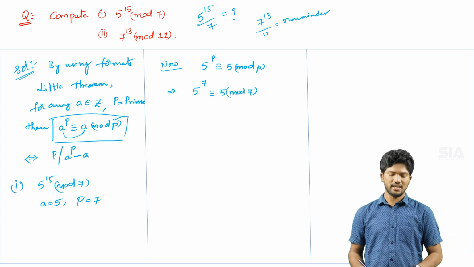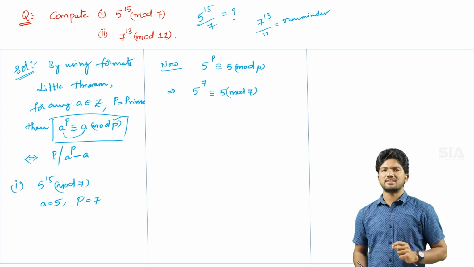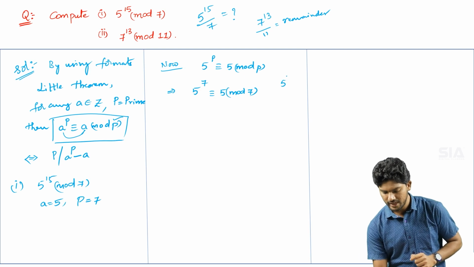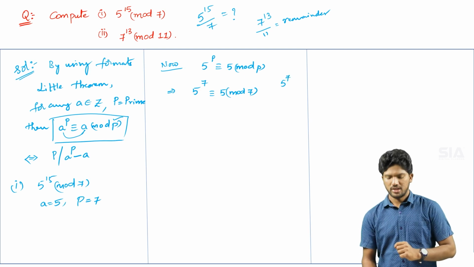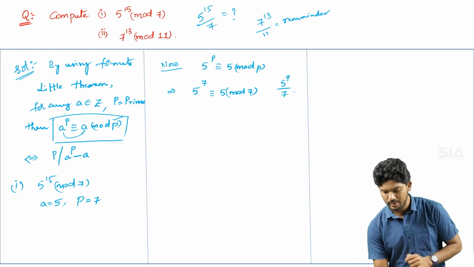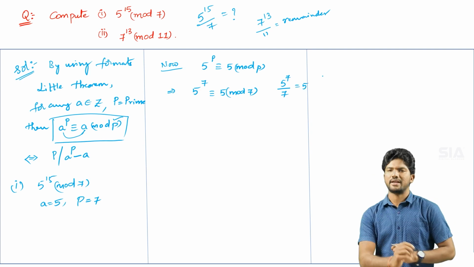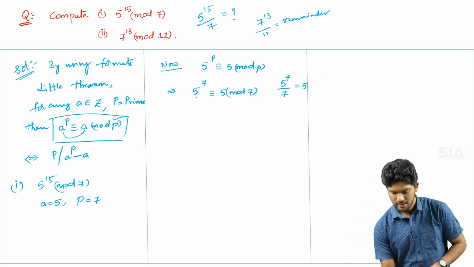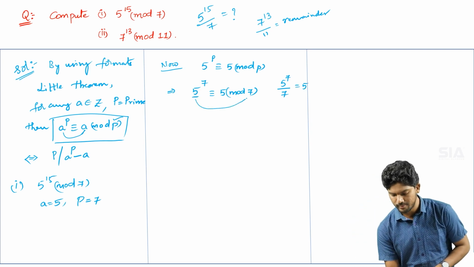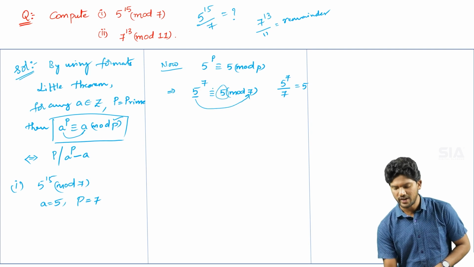What it means is that if you divide the value of 5 power 7 by the prime number 7, 5 is the remainder.